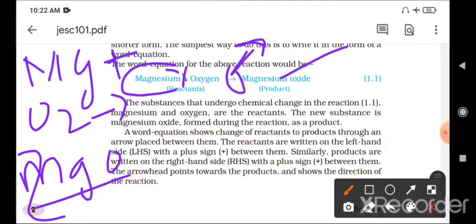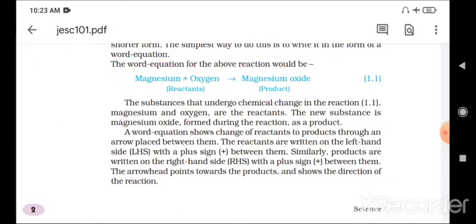The arrow head points towards the product and shows the direction of the reaction. Direction of reaction means these two reactants react with each other to give this product. The arrow indicates that magnesium and oxygen, the two reactants, react with each other to give magnesium oxide.